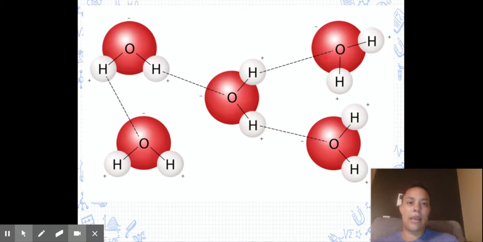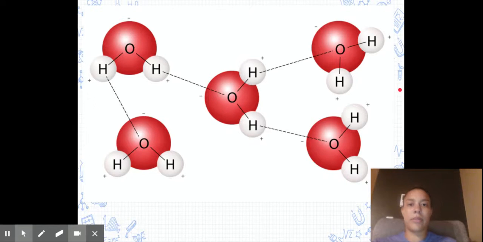So the polarity comes into play again. Hydrogen bonds are the key component for all of the main properties of water, which we're going to cover in the next few slides here. So without these hydrogen bonds, we wouldn't have water, which is terrible news for anything that's living because that's a key molecule for life, right?